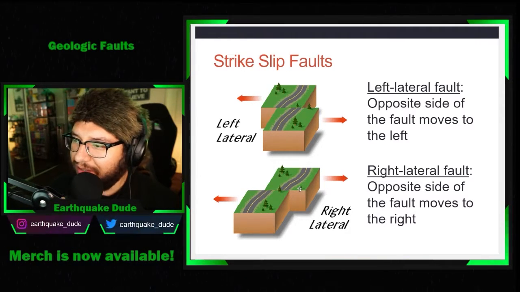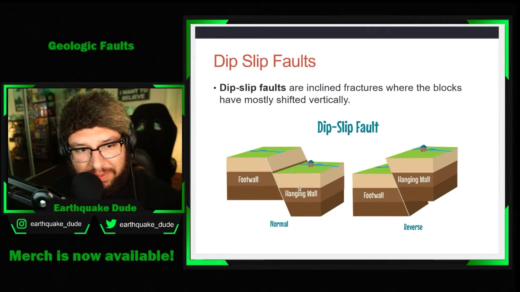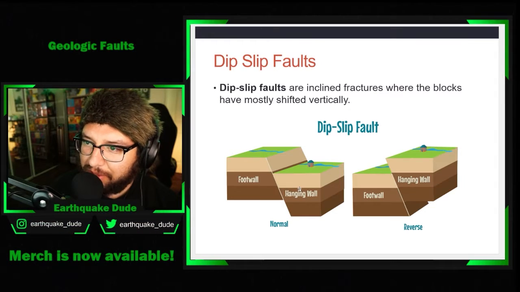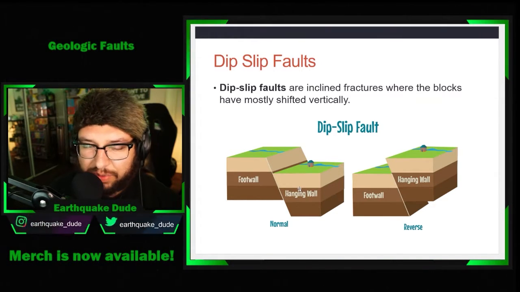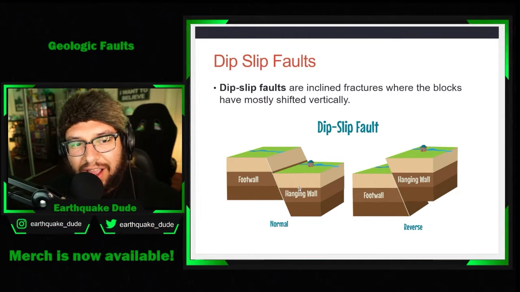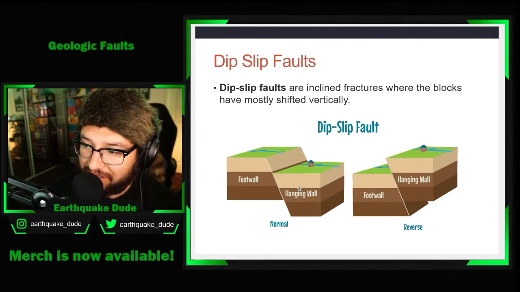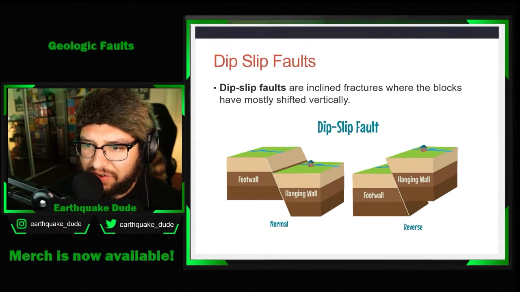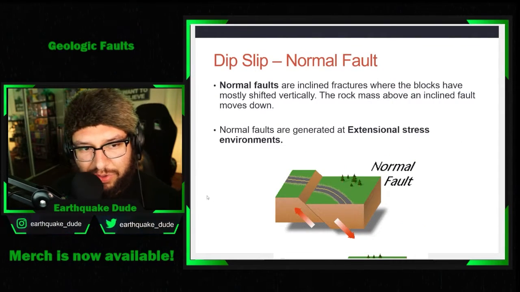Okay, now these are the easy ones, so let's move on to the dip slip faults. Just to reiterate, dip slip faults are inclined fractures where the blocks have either moved up or down, so they move vertically. Unlike strike slip faults, which move horizontally, dip slip faults move vertically. And there are several variations of dip slip faults. Let me introduce you to the first one. These are called normal faults.